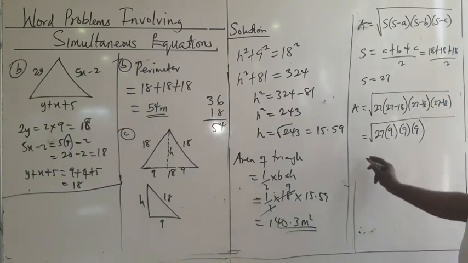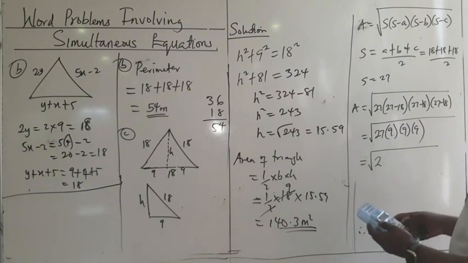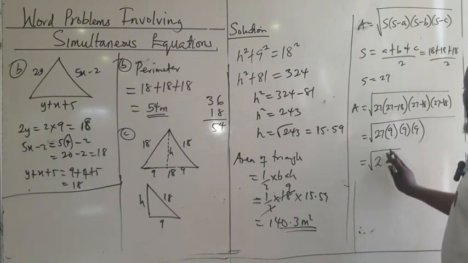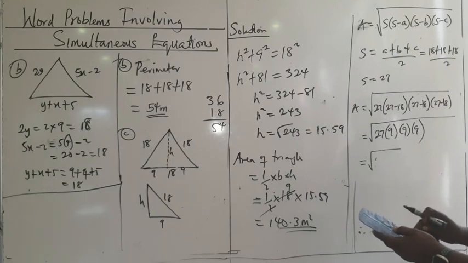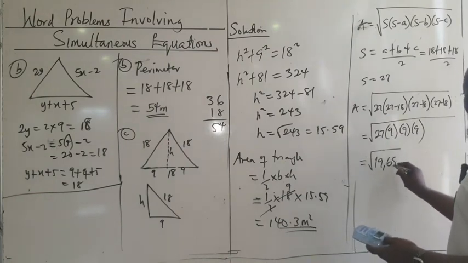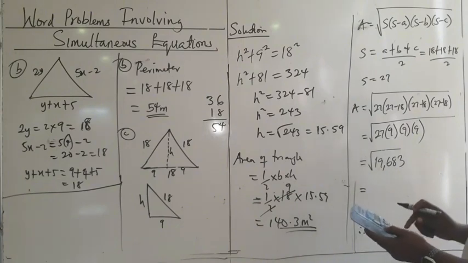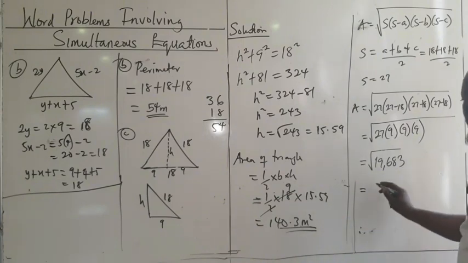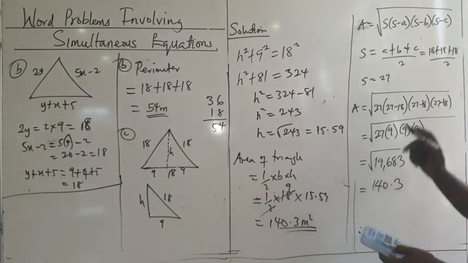I hope I'm making sense. So this will give us the square root of 27 times 9 times 9 times 9. So that gives us 19,683. So let's now find the square root of this. So square root of answer, and that gives us 140.329. That's what we got as the answer.